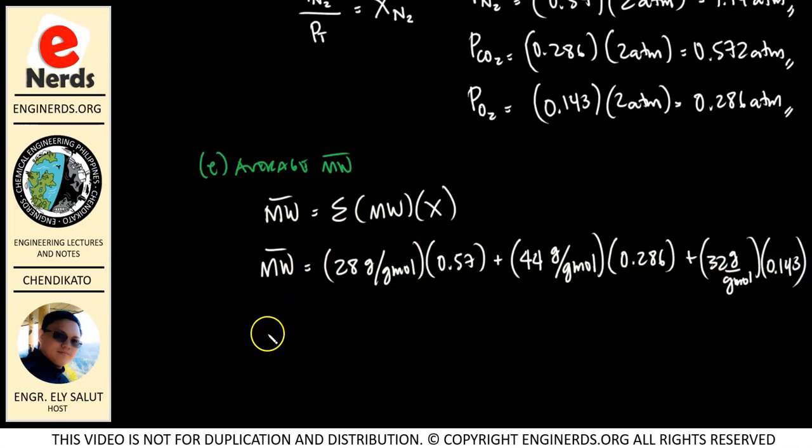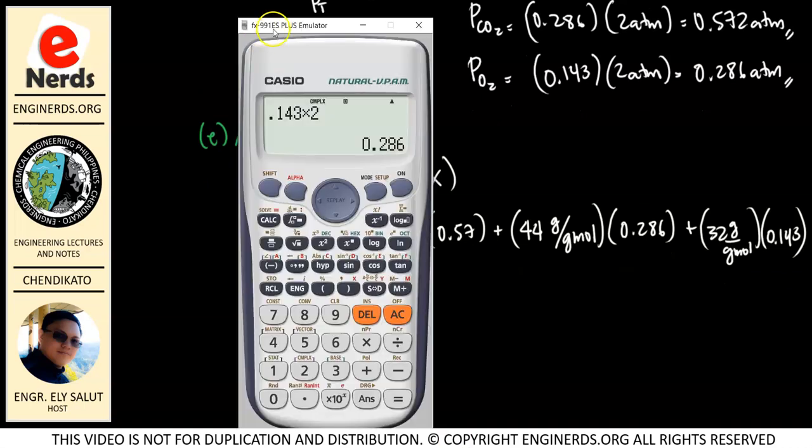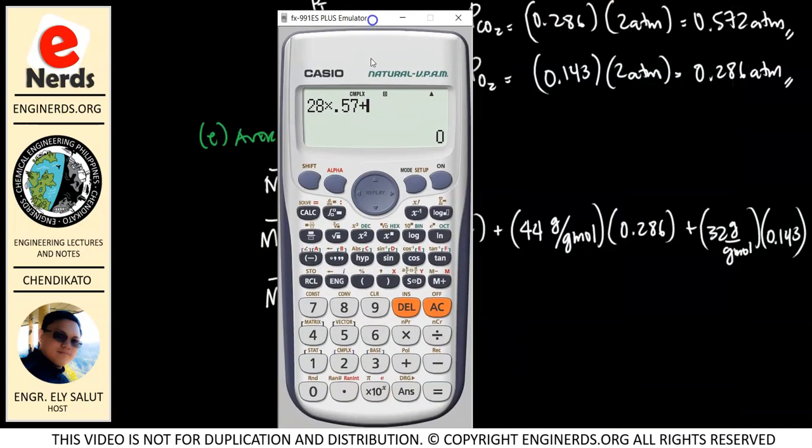Okay, so, makukuha na natin ngayon yung average molecular weight. Okay, so, solve natin siya, no? We have first 28 times 0.57 plus we have 44 times 0.286 plus 32 times 0.143.